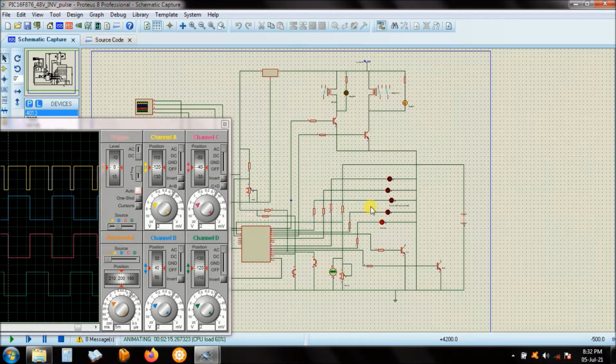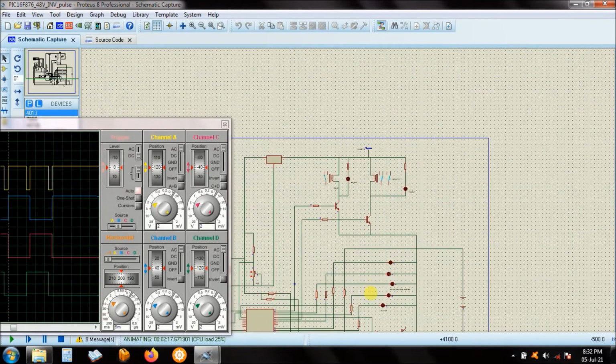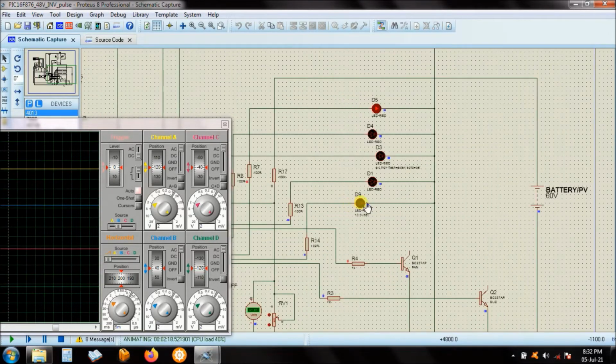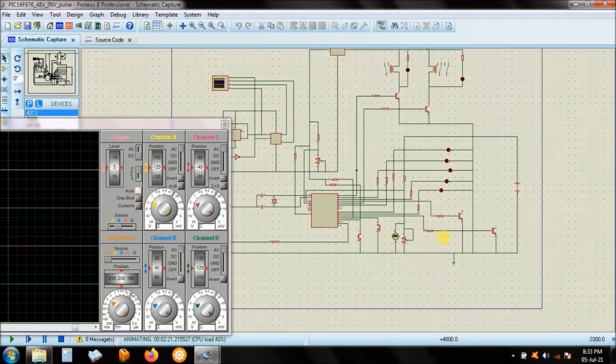After some 3 seconds, you see it has actually stopped running, and the alarm is this LED flickering alternately, this one and that one. That's the alarm condition. That's for temperature and also for the voltage.